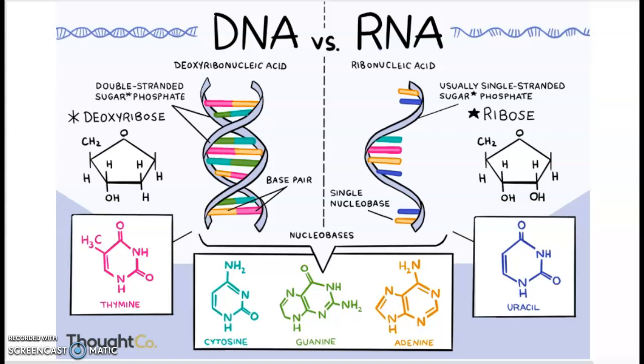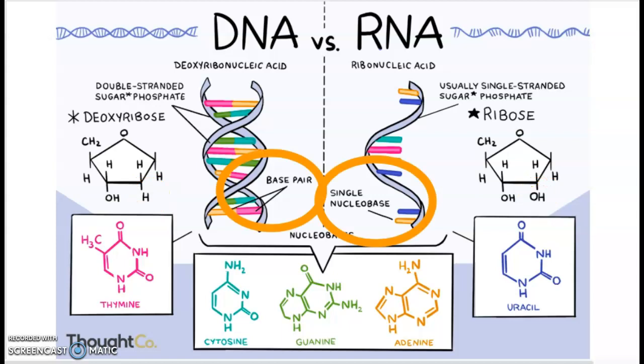So their names tell us a little bit of something that's a key difference, and that is that they have 2 different kinds of sugars that are related to each other. RNA is based on the sugar ribose in its backbone, and DNA on deoxyribose in the backbone. So how those are different is that there's 1 oxygen missing for the deoxyribose. Kind of makes sense, right? Deoxy, we've lost an oxygen, and ribose has that extra oxygen.